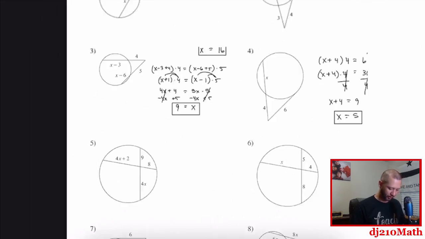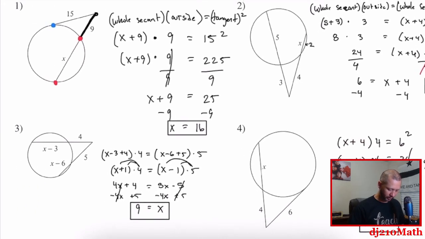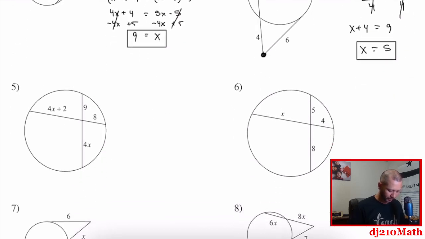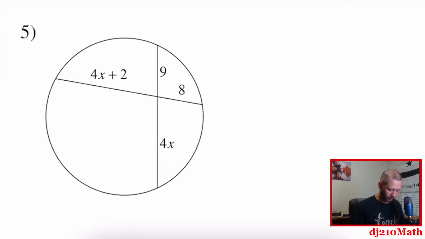Okay. Notice 1 through 4 all have this exterior point. The two lines that we're talking about intersect in the exterior, and we handled it accordingly. Here, we're in the interior.